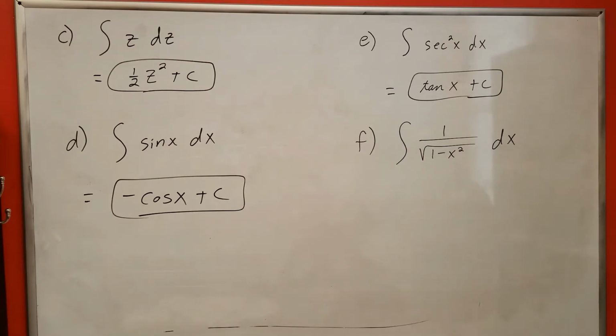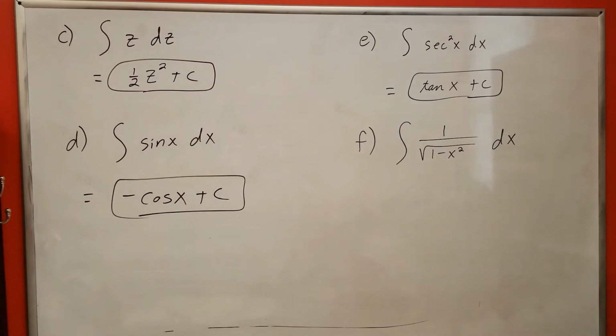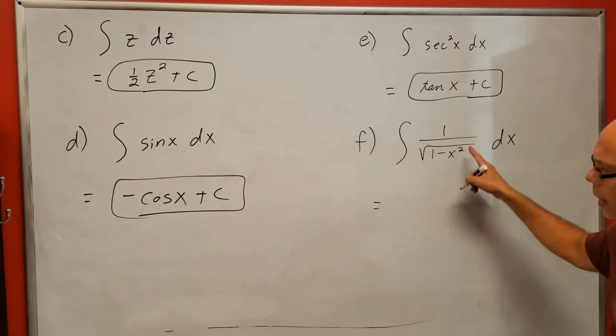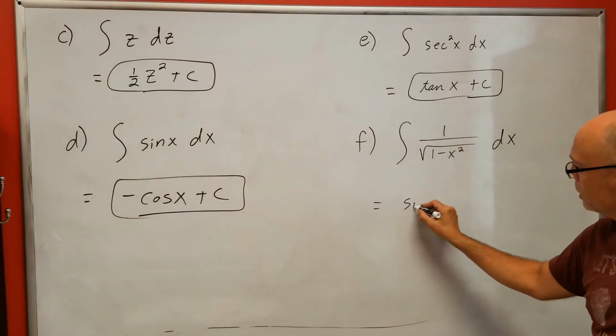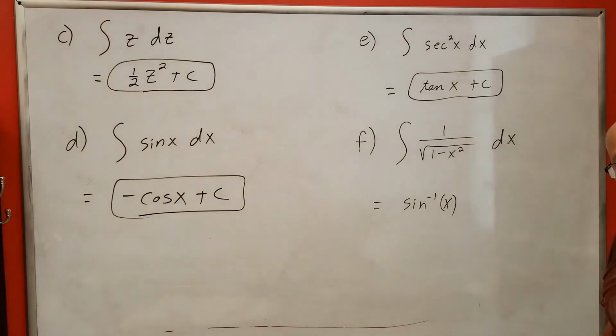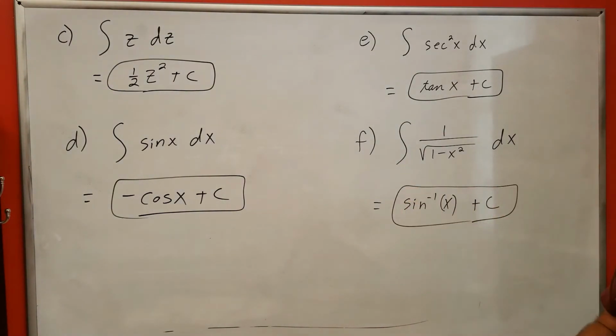No. So what's my only other option right now that I learned? What do I take the derivative of to give me this? Think back. What did we take the derivative of that gave us this? Wasn't it the inverse sine of x, or the arc sine of x? Plus my arbitrary constant there.